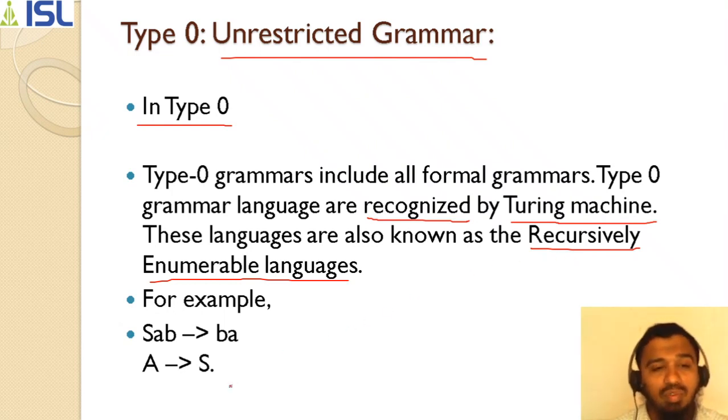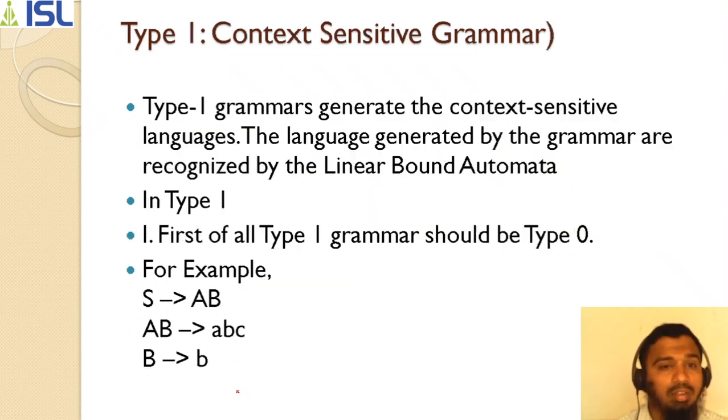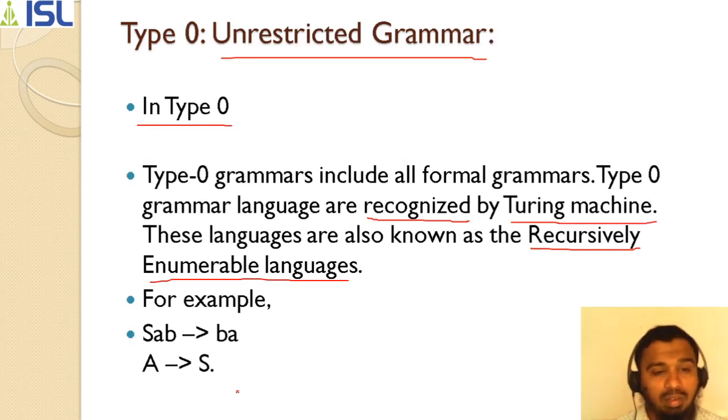What is the example for this? Type 0 example is SAB to BA, A to S. So this example is like we cannot solve this.